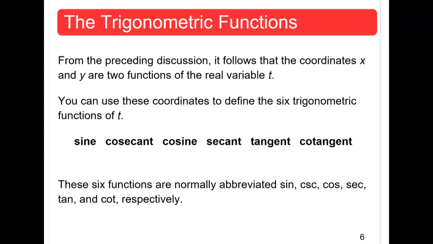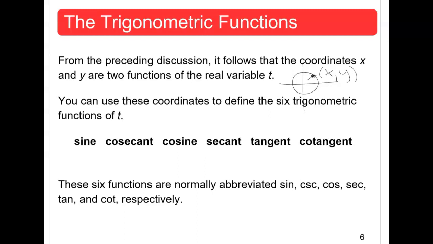So for sine, imagine that you have a circle here, and we just happen to have a point here. For that point, we're going to give it the coordinates. We don't know what they are, so we're just going to call them x and y.